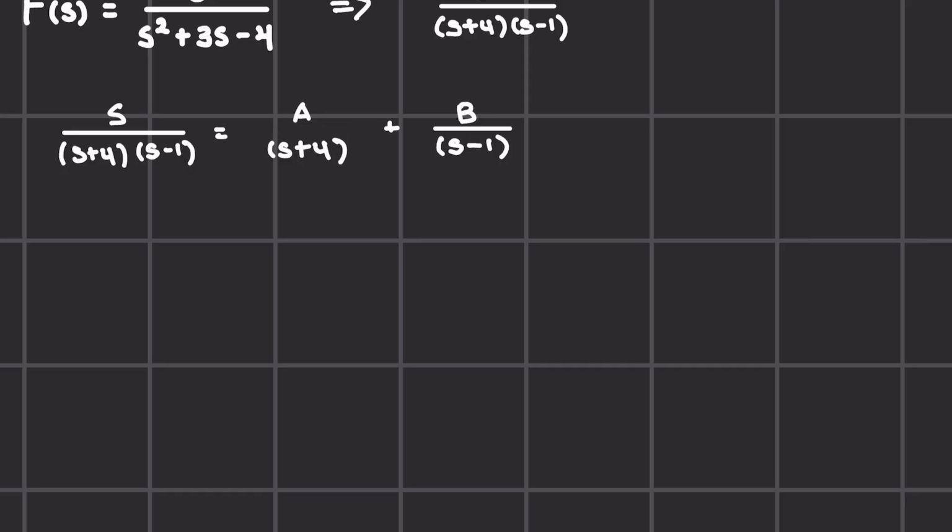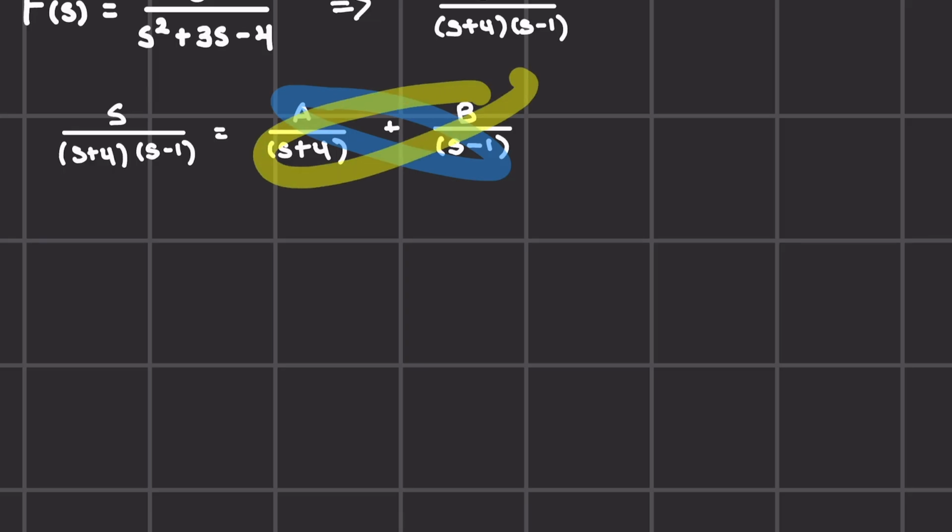Now, when doing partial fraction decomposition, we just need to find the values for A and B. To do that, we need to do cross multiplication. So A with s minus 1 and then B with s plus 4. We now have s equals A(s minus 1) plus B(s plus 4).